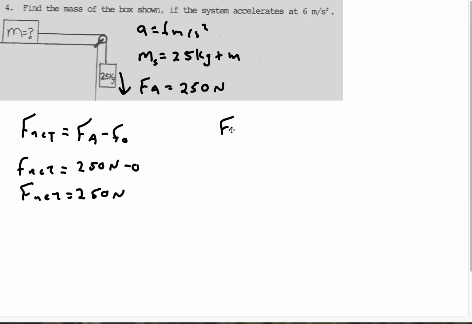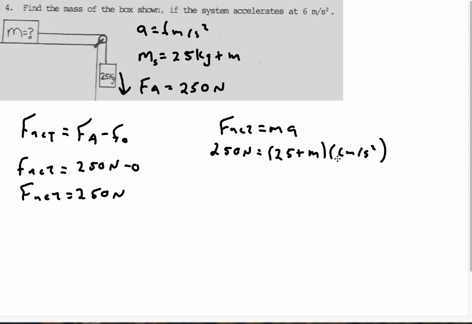So then we know that the net force is equal to mass times acceleration. So this will be 250 newtons equals, and then remember we have to have the mass of the whole system. So that would be 25 plus our mystery mass. And then we would times that by the acceleration, which is 6.